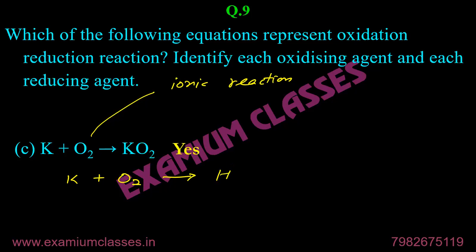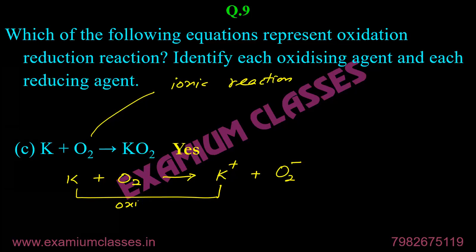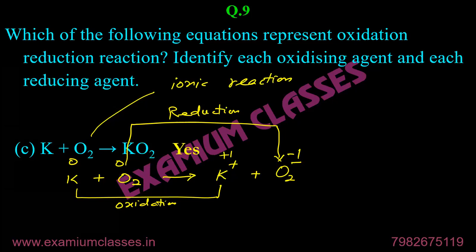And here it is K plus, O2 minus. Yes, Shivangi, Rita, Ash, correct. So here you have oxidation because it is going from 0 to plus 1. And here it is reduction because it is going from 0 to minus 1.